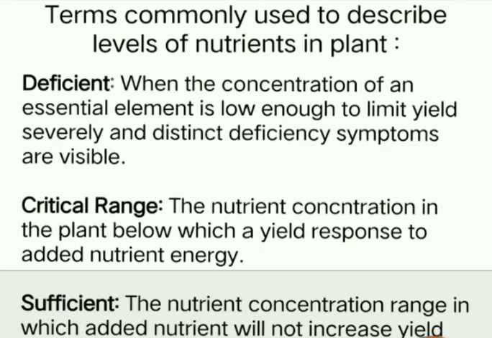Means an element is deficient when it is restricting the growth of the plant and limiting the yield, and some deficiency symptoms are visible. Second one is critical range: the nutrient concentration in the plant below which a yield responds to added nutrient; that is the critical range.